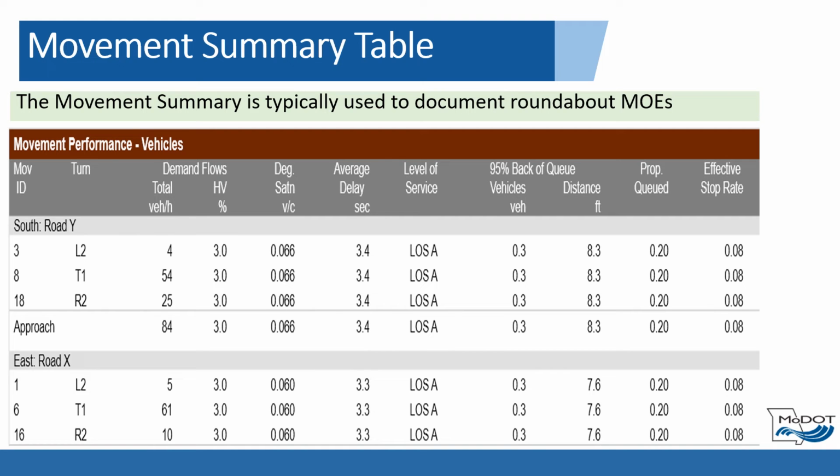Now that we've overviewed the MOEs for a roundabout, we can discuss the movement summary table. The movement summary table is typically used to document roundabout MOEs, especially the primary ones highlighted on this slide.